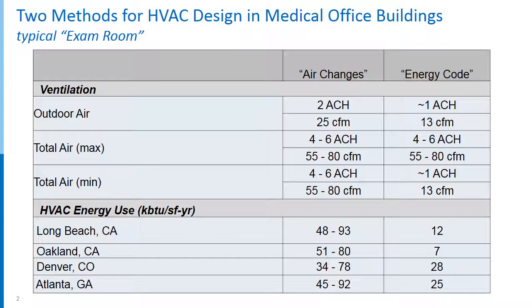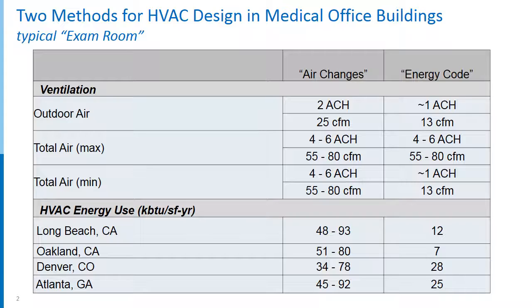If you look at just your standard exam room using the air change method, you'd have 2 air changes of outside air, 4 to 6 air changes of total air, and those are mandatory minimums, so you use them all the time. And then using the energy code, we would supply the room with air just basically according to its need.